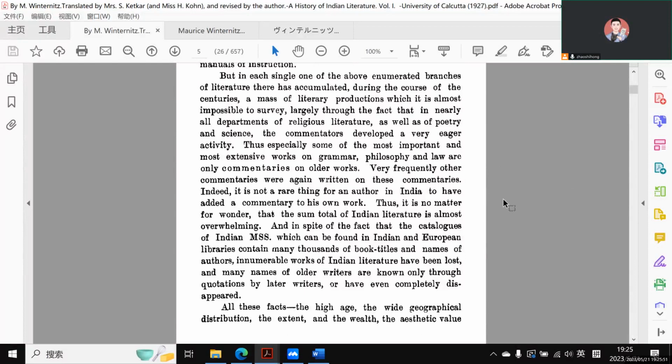Just now we have talked about the correlation between Indian manuscripts and popular or modern editions of Sanskrit texts.